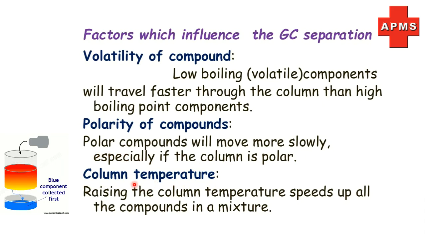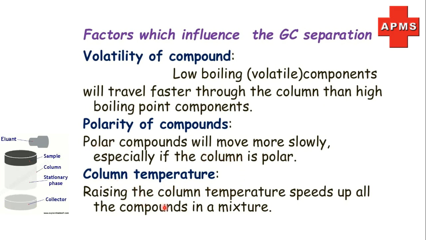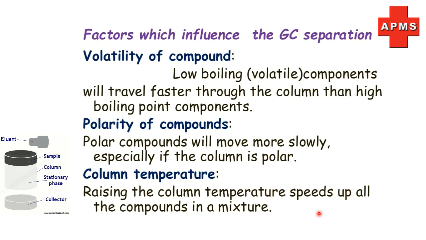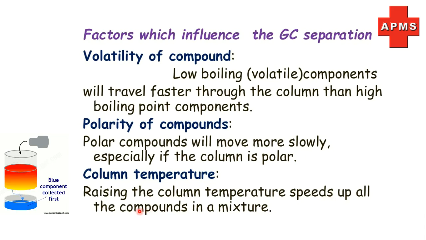These could be 50, 100, 150, or 200 degrees, depending on the nature of the sample, meaning the boiling points of the sample components. If we increase the column temperature, the components of the sample become more volatile, more vaporized, so the speed inside the column increases.